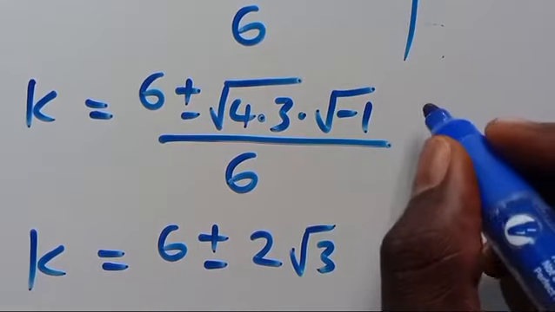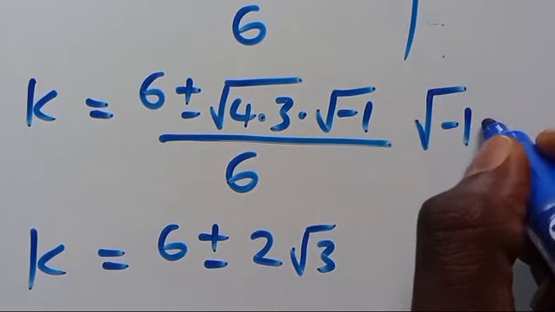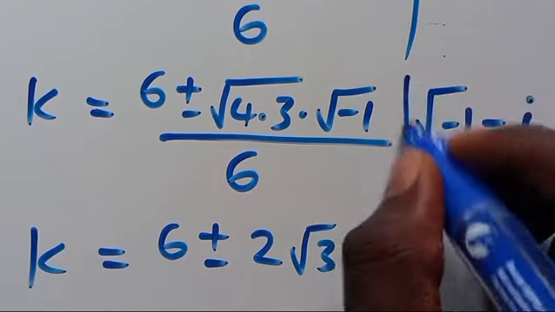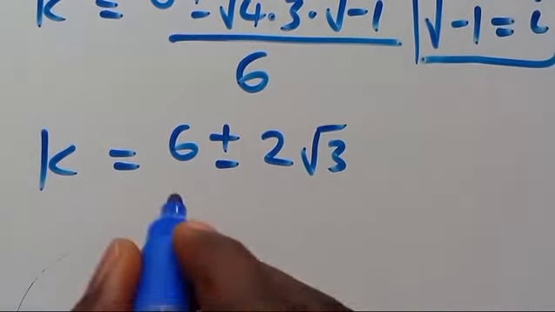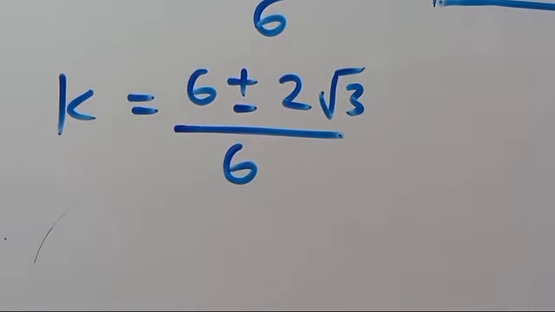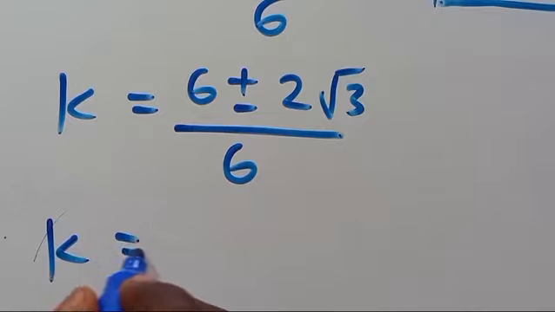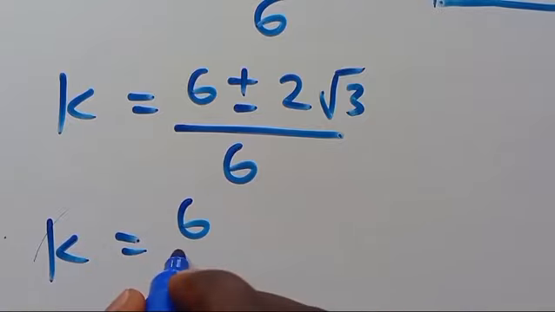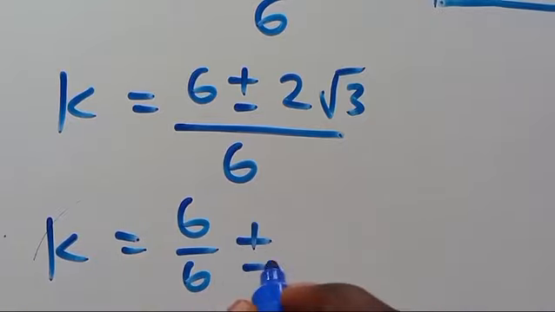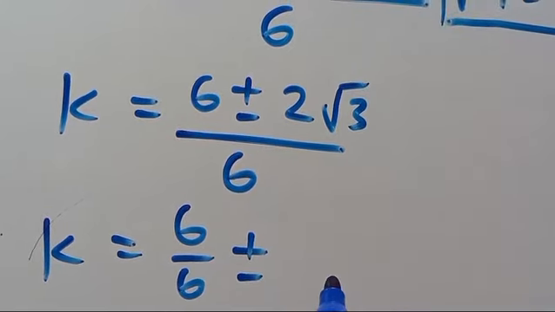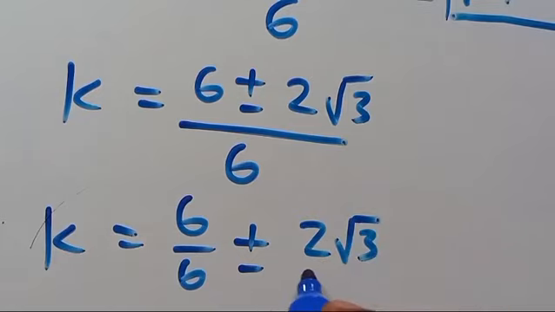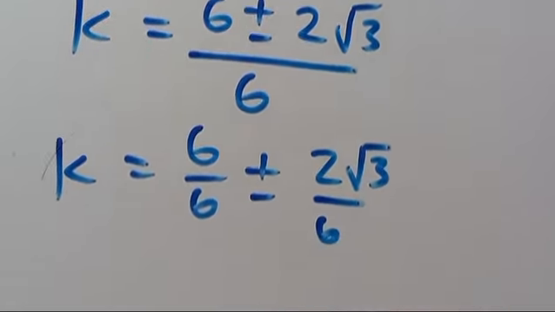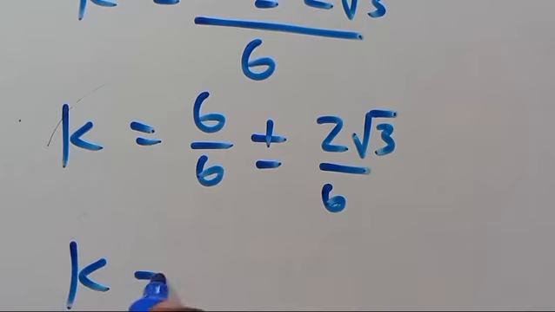Let us note that root of −1 equals i in a complex number, so all divided by 6, let's divide through by 6, positive or negative, 2 multiplied by root 3 divided by 6. So 6 divided by 6 will be 1, positive or negative.